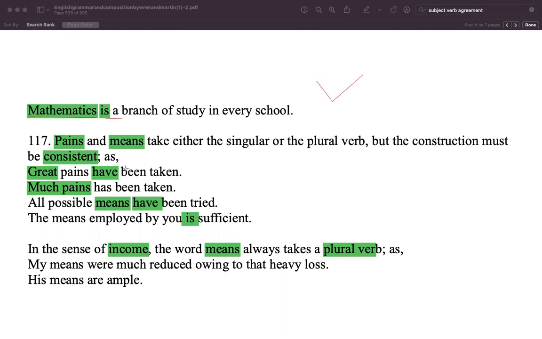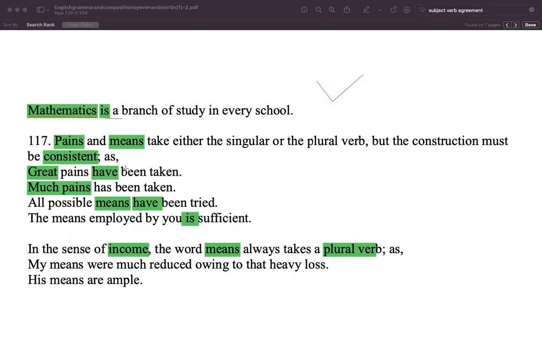Now, the next rule stated that pains and means, you would find pain or pains. Generally, pain is an uncountable noun. But when it is indicating pains, it means it is indicating any kind of pain, right? It is telling about maybe physical pain, maybe body pain, maybe mental pain, maybe labor pain.